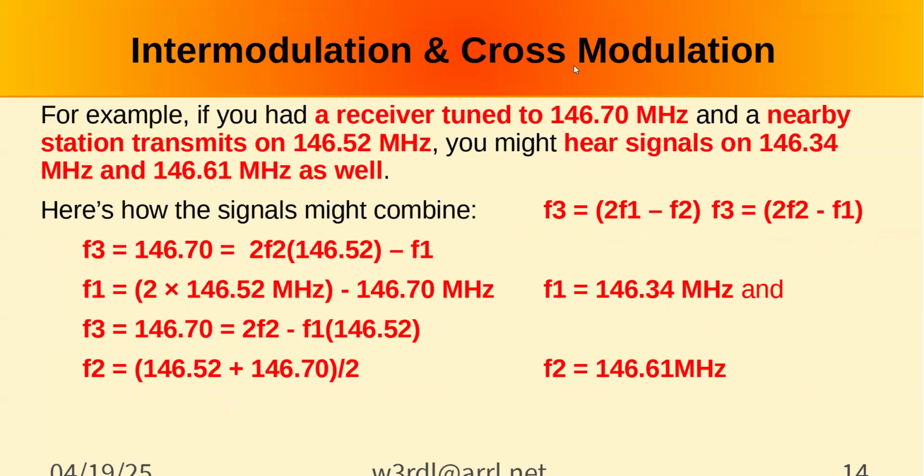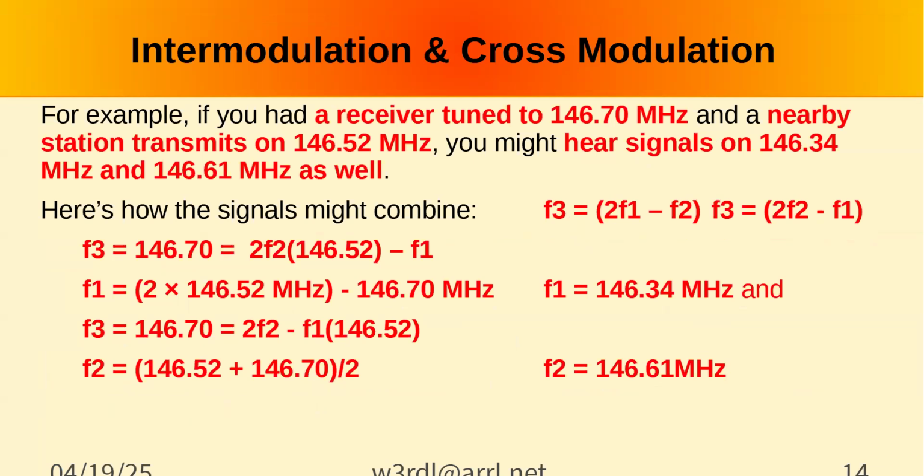Okay, here's an example. So I've got a receiver and I tune it to 146.7 megahertz. I got a nearby station that's at 146.52.